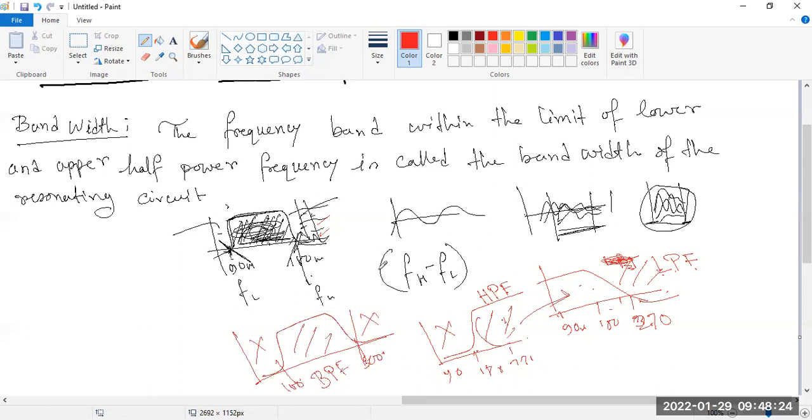Okay, in this way you can get more information regarding this band. But what is the relation between bandwidth, and this portion is called bandwidth? So bandwidth and the quality factor.